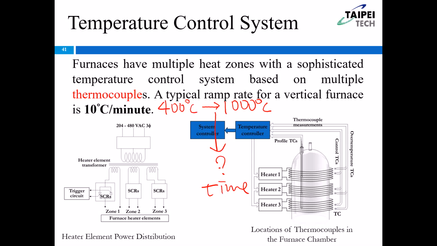Okay, so I just want to show you the furnace. For the furnace, it really takes time. So maybe 1 hour or 2 hours, you can calculate by yourself. You need to wait almost 1 hour in order to let the temperature increase to 1000 degrees Celsius. Okay, and then after you finish oxidation, you need to cool down. You need to cool down.